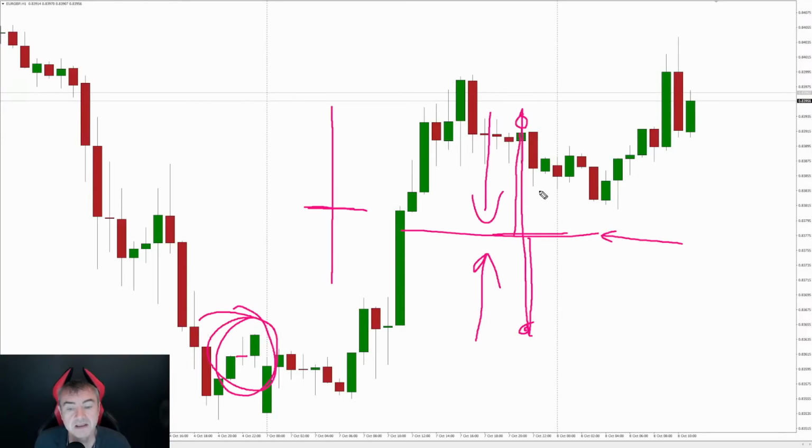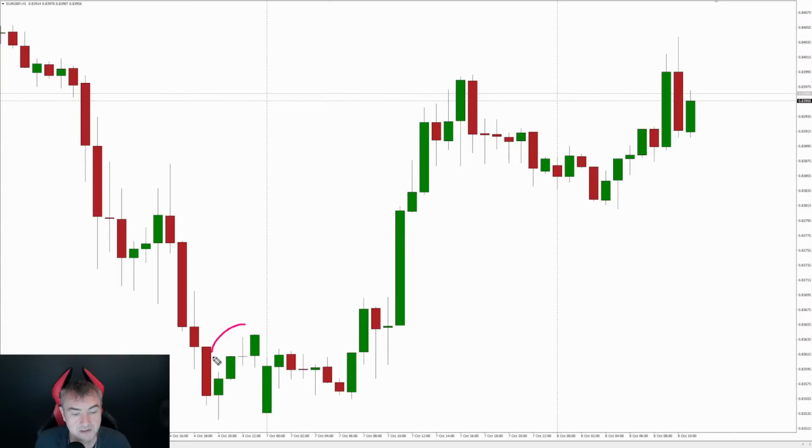Beautiful. But it means that there is no bias. So that is an indecision candle. It's not telling you any information apart from the market didn't move. However, it is telling you a little bit of information with wicks, which we'll go into in a second. You've also then got spinning tops, which is basically a little bit of body, but a lot of wick.